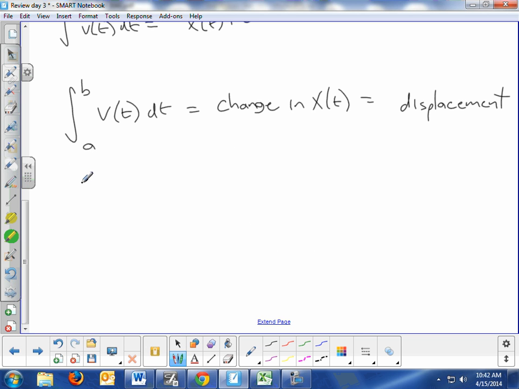Now, when I want distance, I want to account for going to the right, going to the left, having positive and negative velocities, including those into distance. So going to the left is increasing my distance. So I take my positive velocities, keep them positive, take my negative velocities, make them positive. I use an absolute value of my velocity, and that gives me distance.